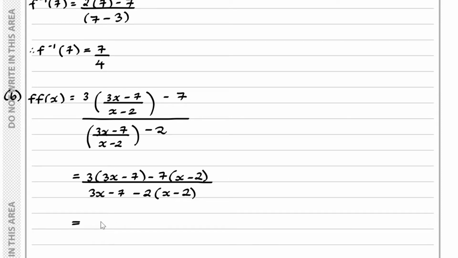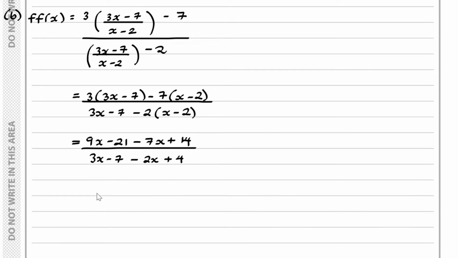And if we expand on the top, we have 9x minus 21 minus 7x plus 14. On the bottom, we have 3x minus 7 minus 2x plus 4. And therefore, we can conclude here f of x is equal to (2x minus 7) over (x minus 3).